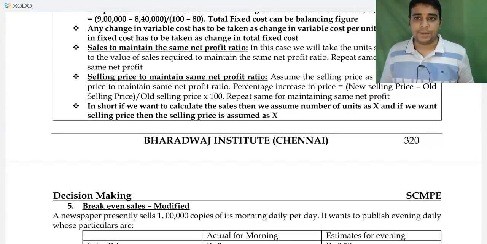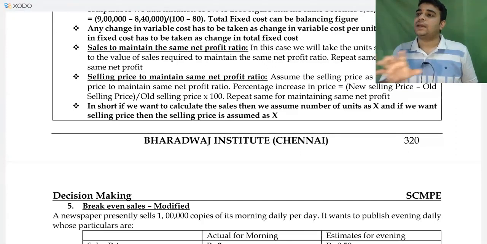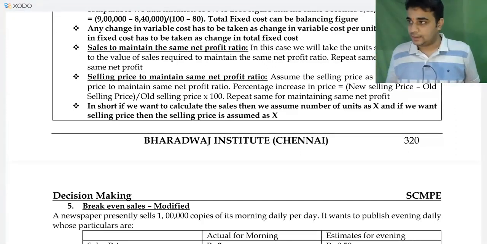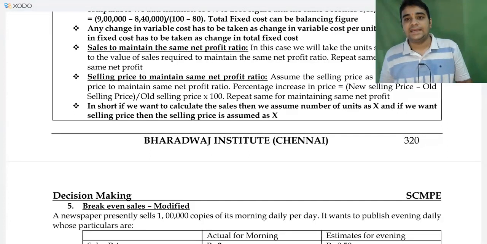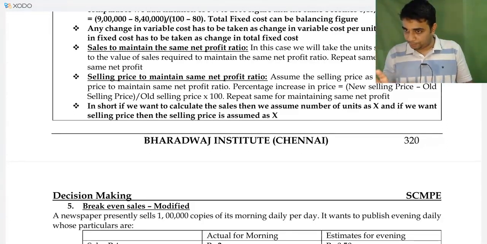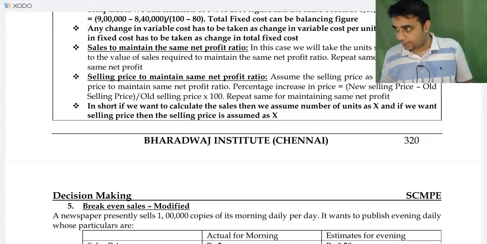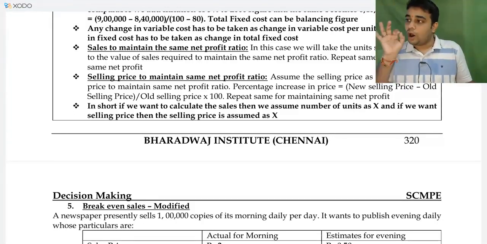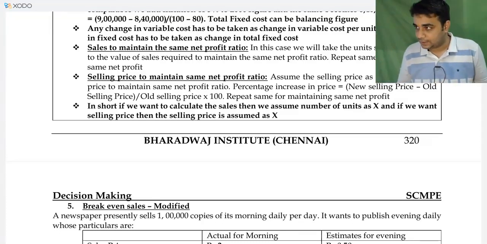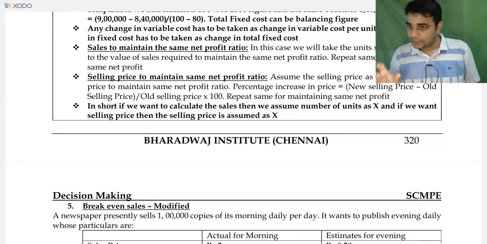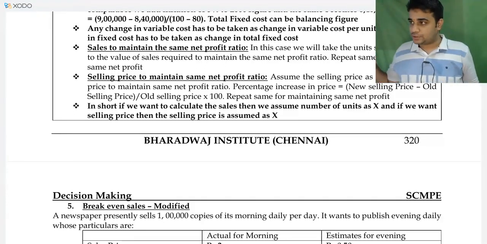Two scenarios can happen. When I introduce a new product, it can completely wipe out the existing product sale, a complete closure of the existing product. Then the relevant profit of the existing product is treated as an opportunity fixed cost of the new product. What is relevant profit?